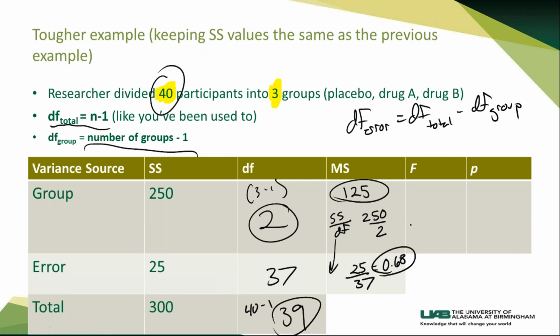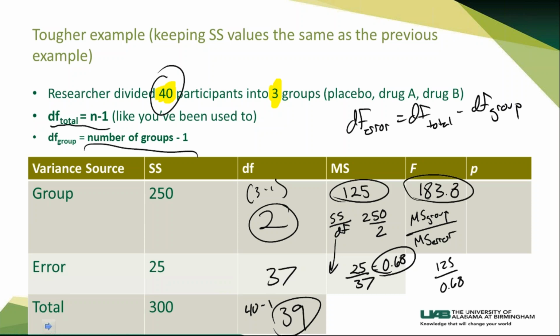So then we know F is simply mean square group divided by mean square error. If you do 125 divided by 0.68, you get a large number here, about 183.8.